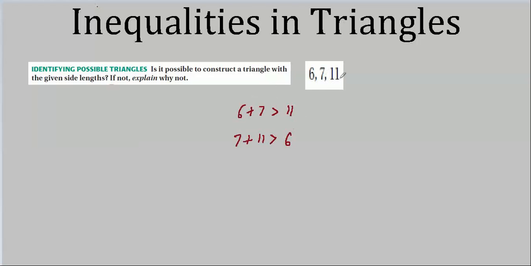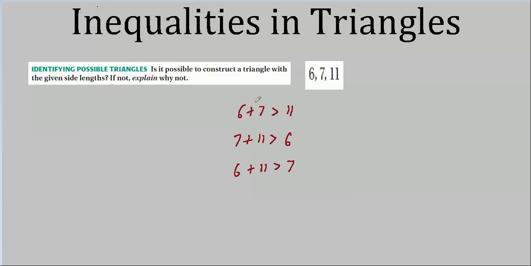And what do we got left here? 6 plus 11 has to be greater than 7. Well, we got a problem here. These don't work. This is... Oh, pardon me. This does work. Wow. I can see this ain't going to be my day.